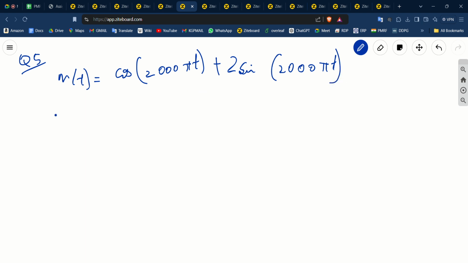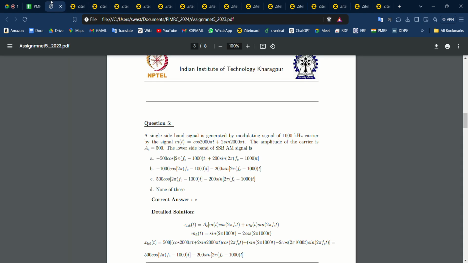The carrier signal frequency is 1000 kilohertz.